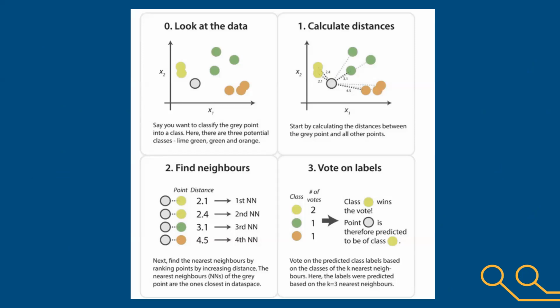So what you're going to do is measure the distance from the point you're trying to assign to all of the other points, figure out which ones are the closest, take the k closest. So I think here it's taking the 4 closest, so k equals 4, checking what's most frequent. In this case, it would be yellow. And so in this case, as they say here, the white point would be assigned the cluster of yellow.